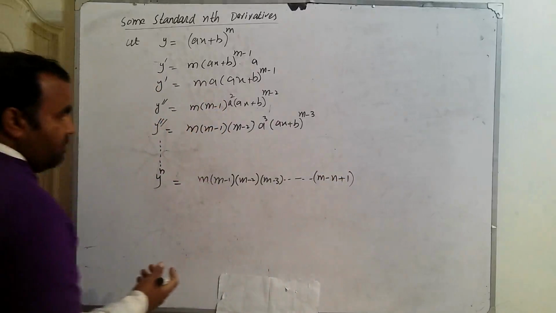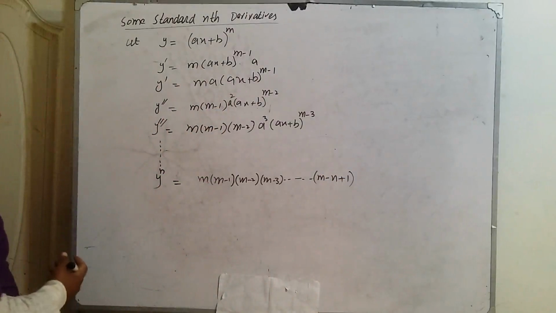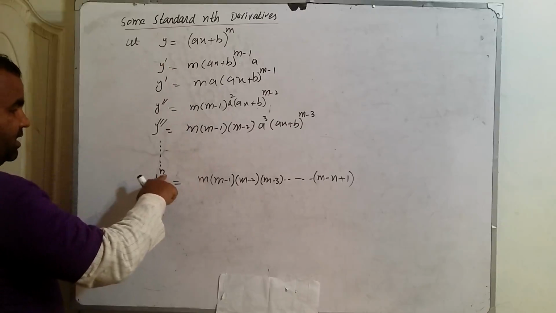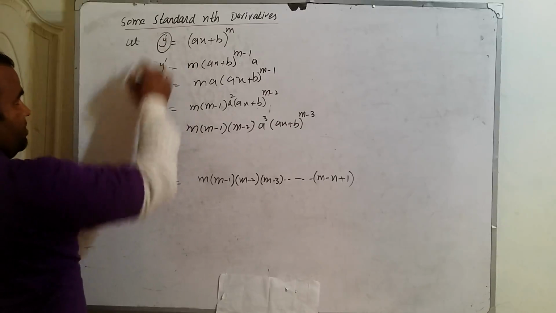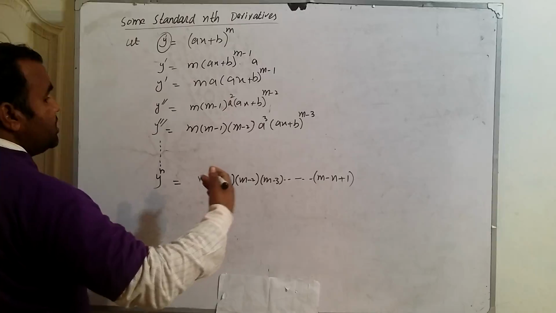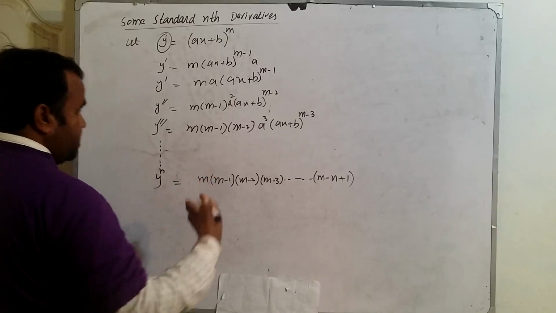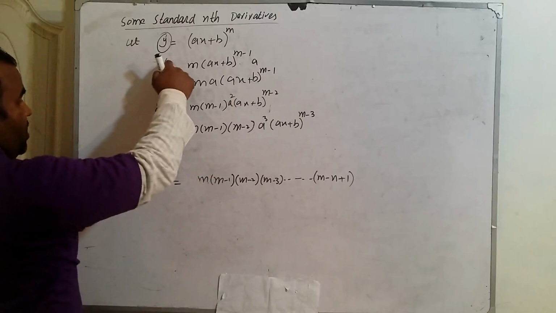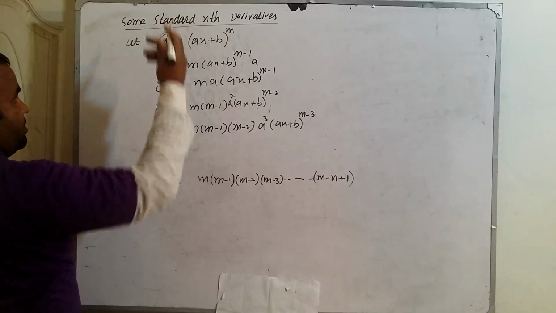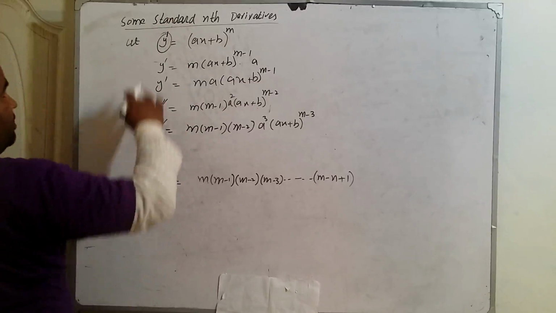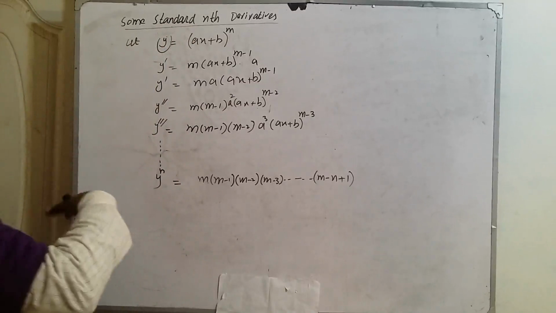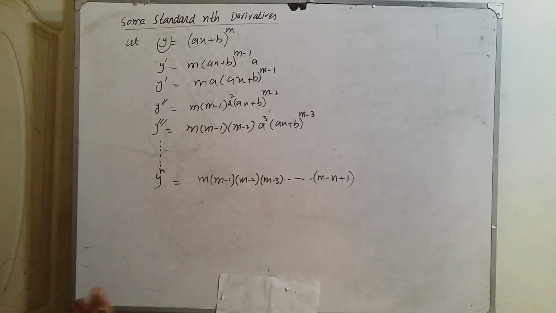Why do I write n plus 1? Because in the first derivative there is one term, and this is our y, whose power is 1, so one term is more. So there are a total of m minus n plus 1 terms, not m minus n terms.